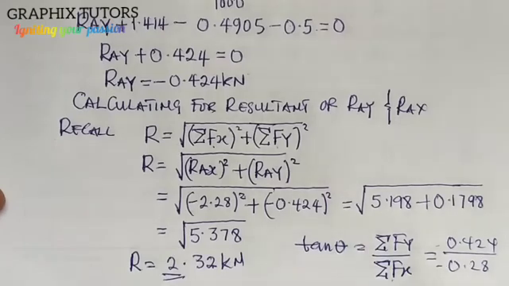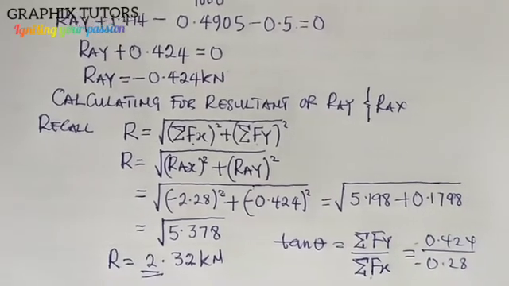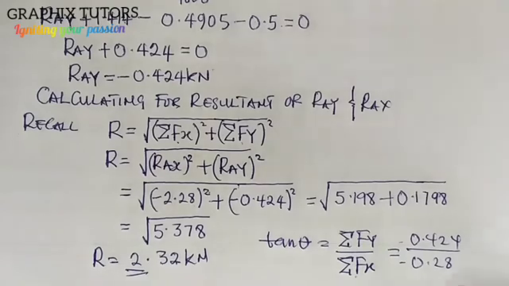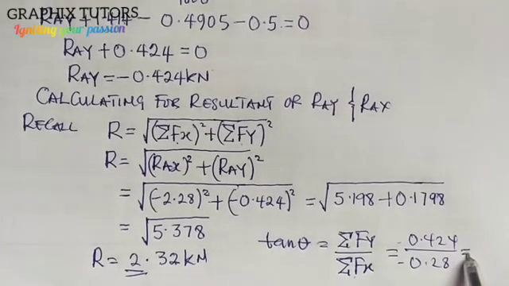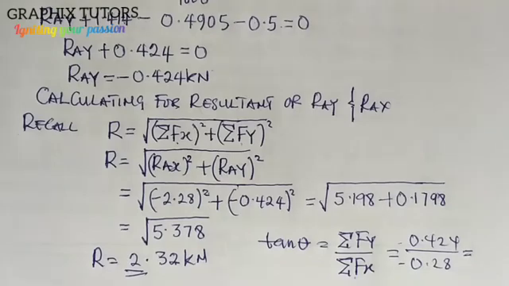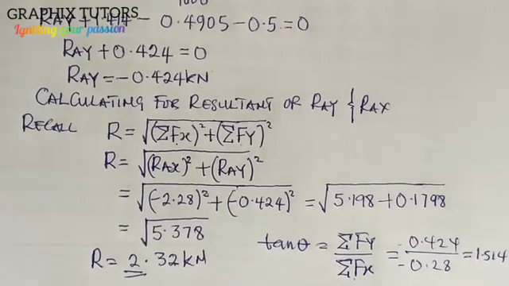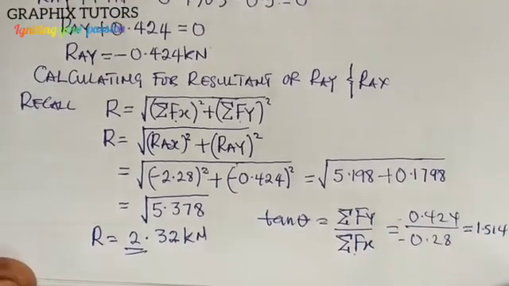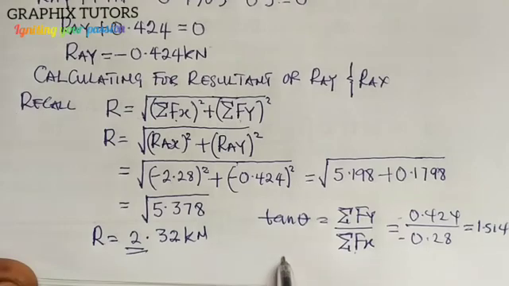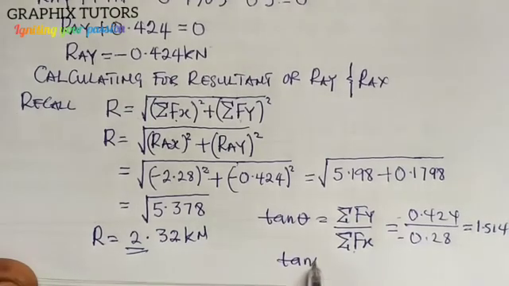So by the time you do what you want to do, you are going to have this. So we have the tan of that to be, let's see, 1.514, right? So from here we can see that tan theta is giving us 1.514.